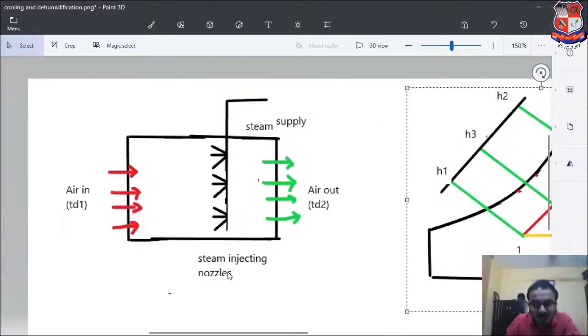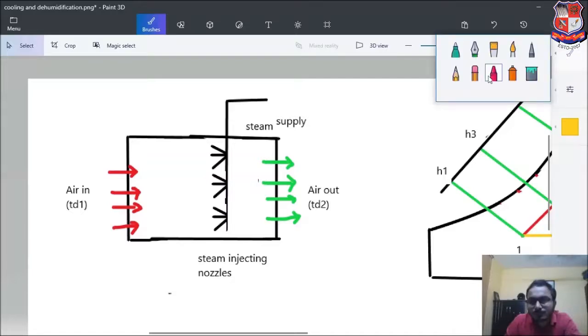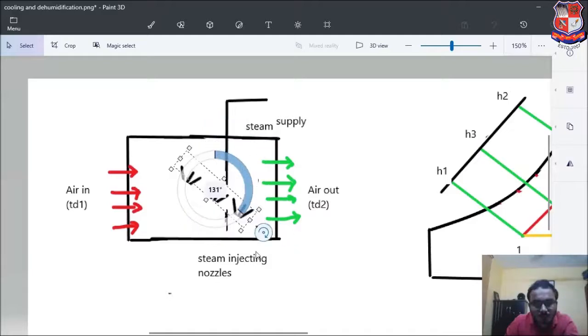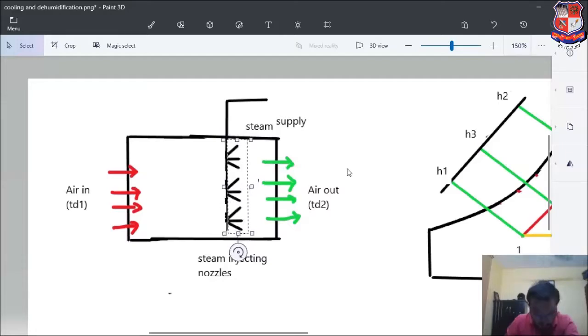So we will make some modifications in this figure. So now the direction of spraying has changed, and here instead of this supply, there will not be steam.